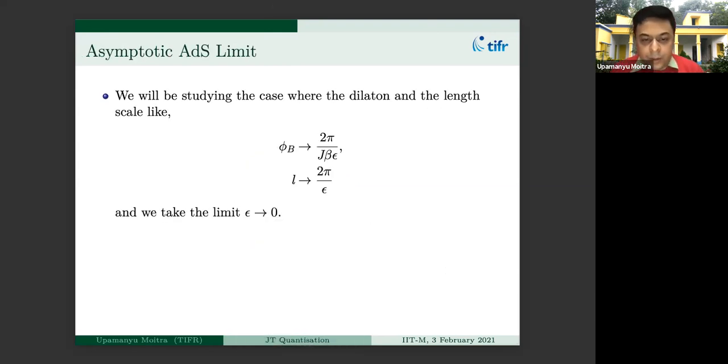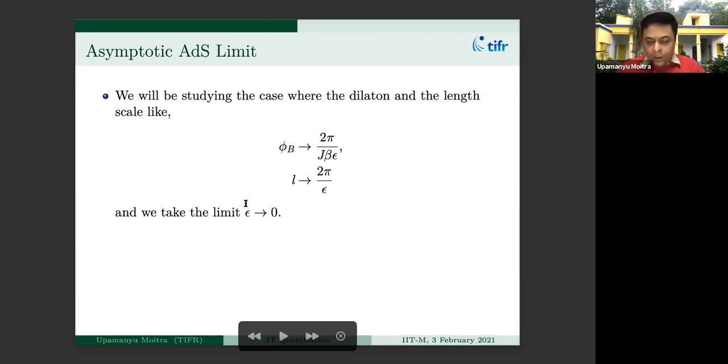So what we'll be studying here is what we call the asymptotic AdS limit. As mentioned before, near the boundary, the dilaton could scale like 1 over epsilon, and also the length scales like 1 over epsilon. So this is the scaling of the dilaton and the length.